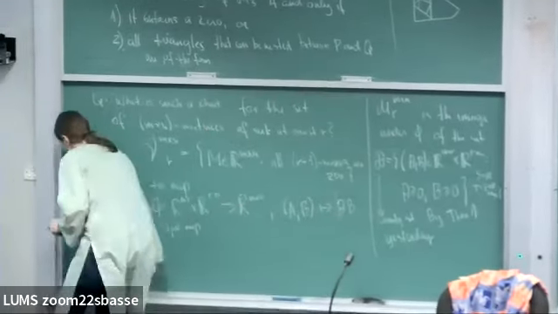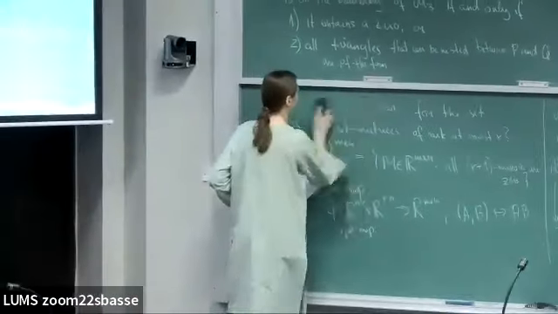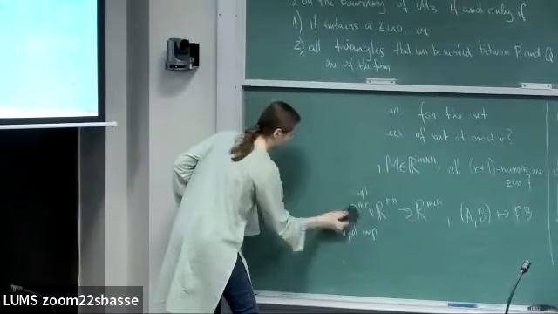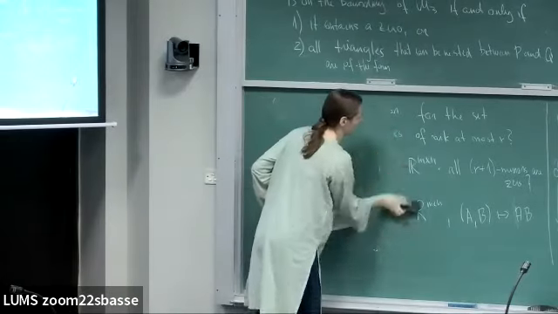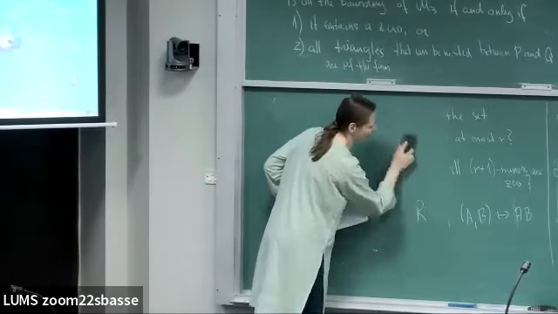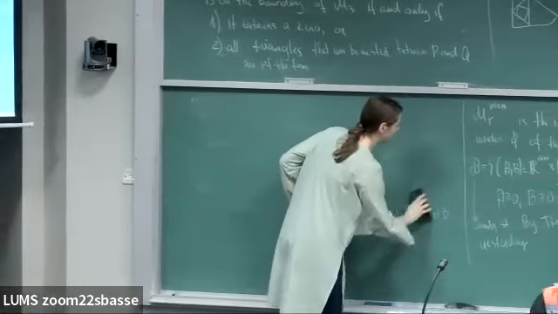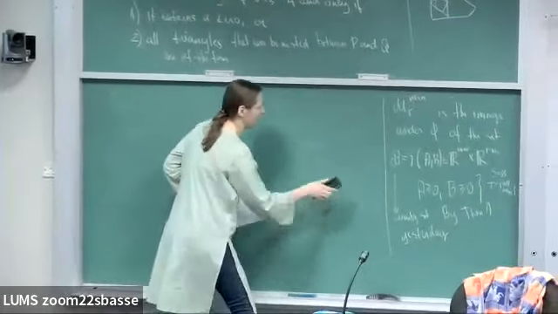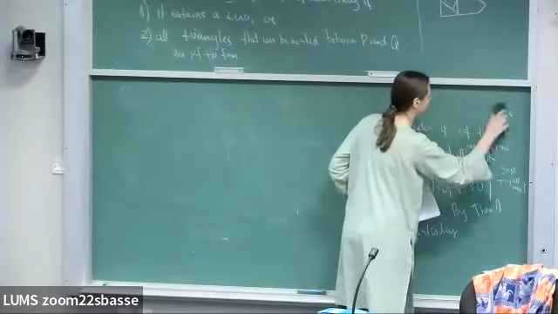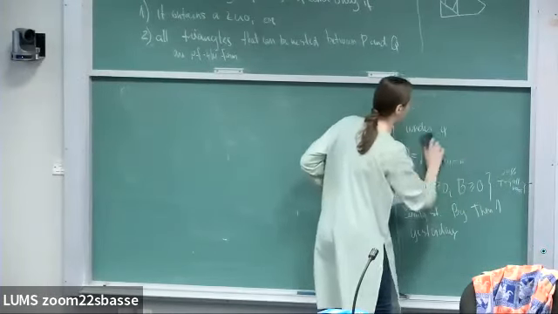So let me write down something. You should see that now I'm writing down results, and I don't expect that you understand why it follows necessarily from the previous results that I told you.